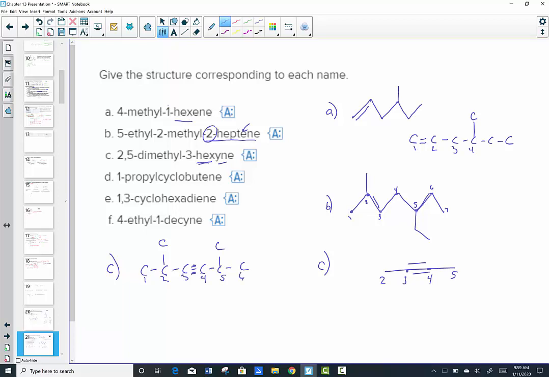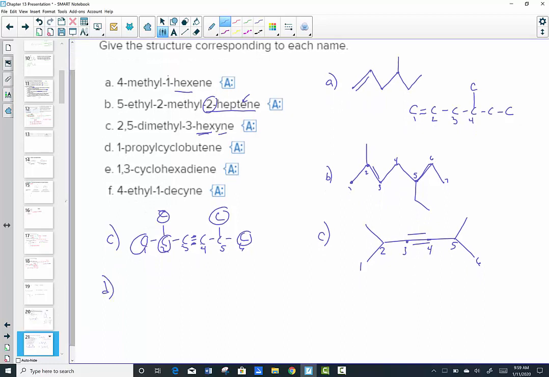Carbon 5 has a methyl group coming off of it, and carbon 2 has a methyl group coming off of it. So again, I'm just going to choose to go up and down, up and down, and those are going to represent carbon 1, 2, 3, 4, 5, 6. And you can see at position 2 and 5, there are methyl groups. And that's the look of that particular molecule drawn to the correct geometry.